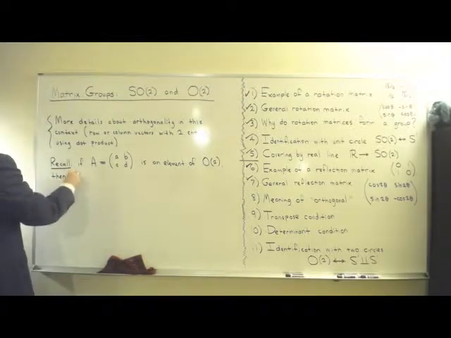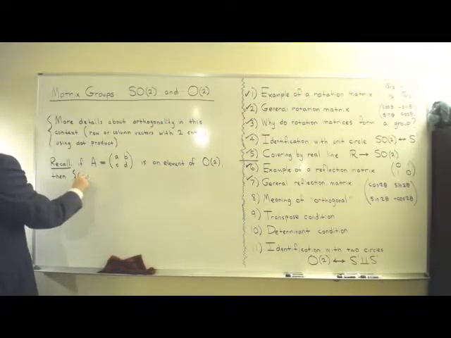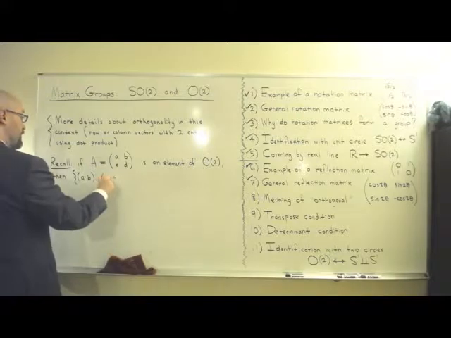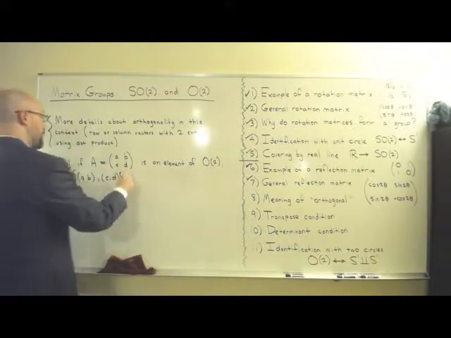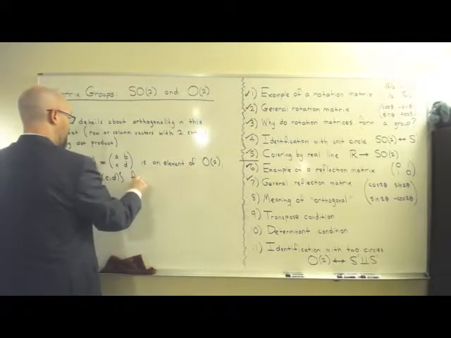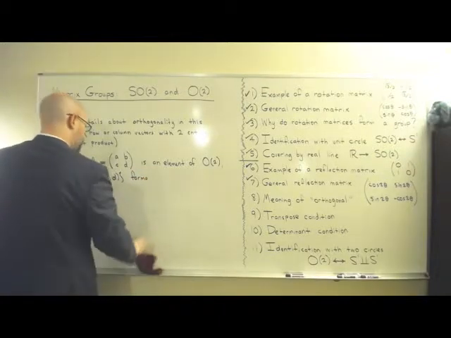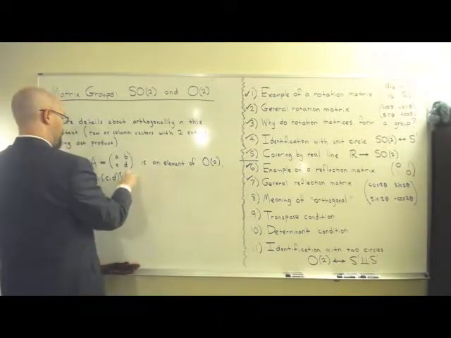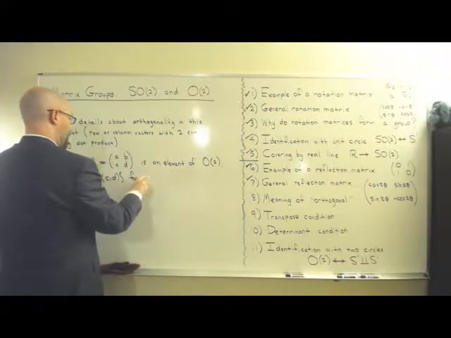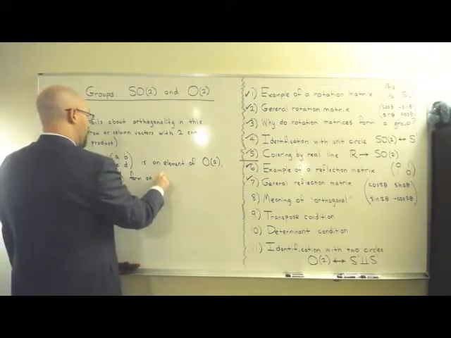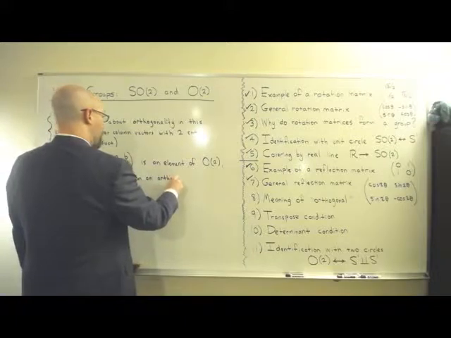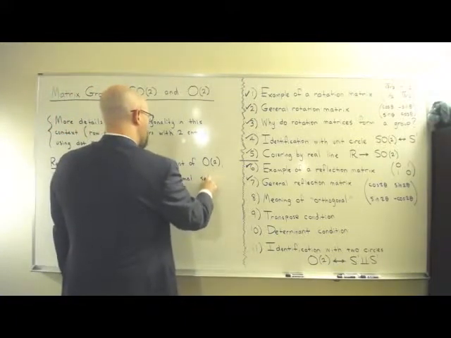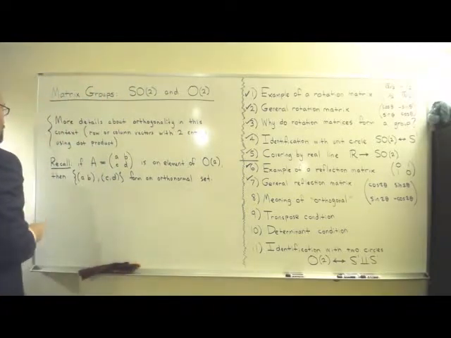So I'm going to abbreviate here. So I'm going to have the rows A, B and C, D form an orthonormal set.